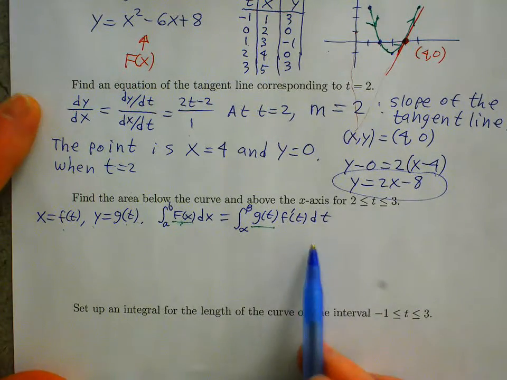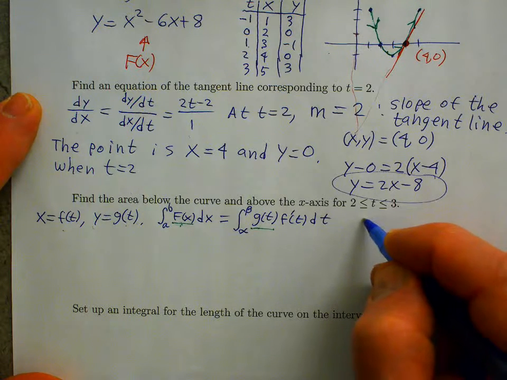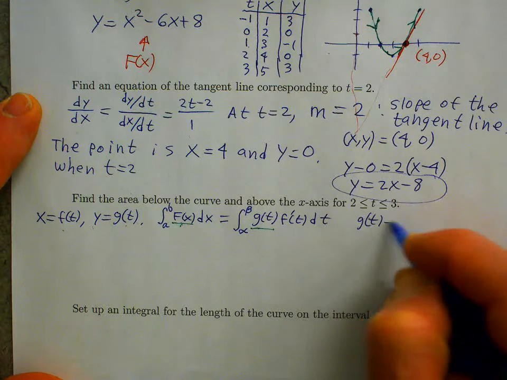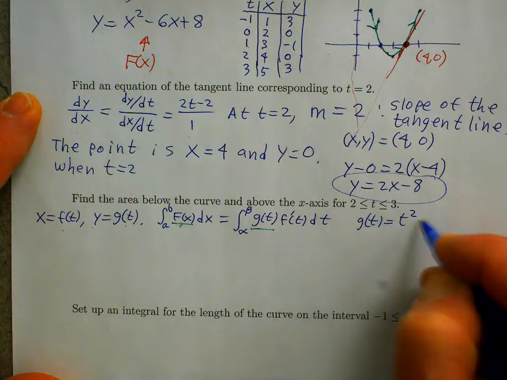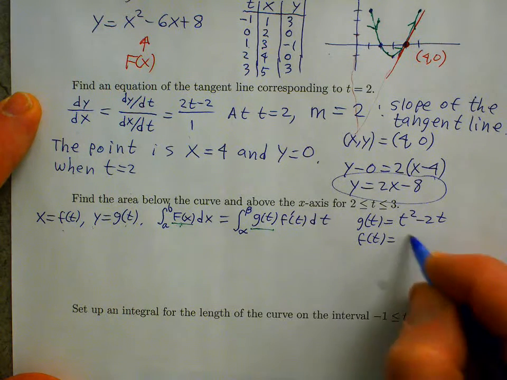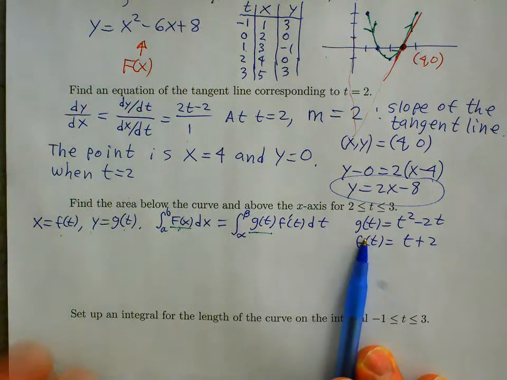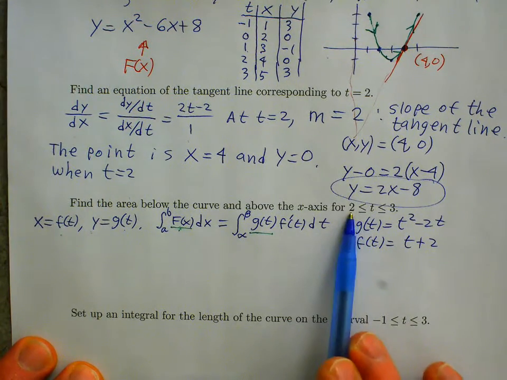G of t, so in our problem, g of t is t to the second minus 2t, and f of t is t plus 2. And our t values are from 2 to 3.